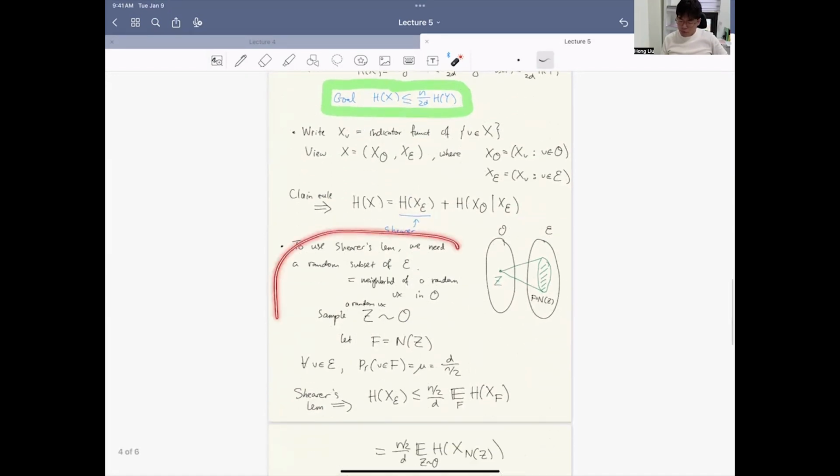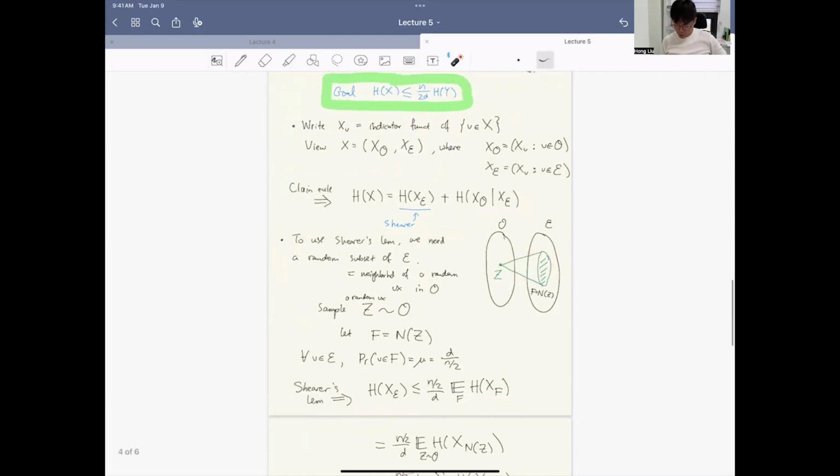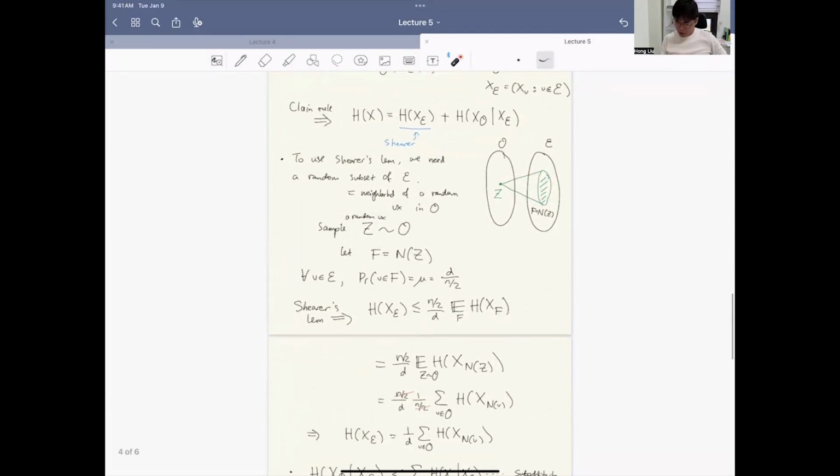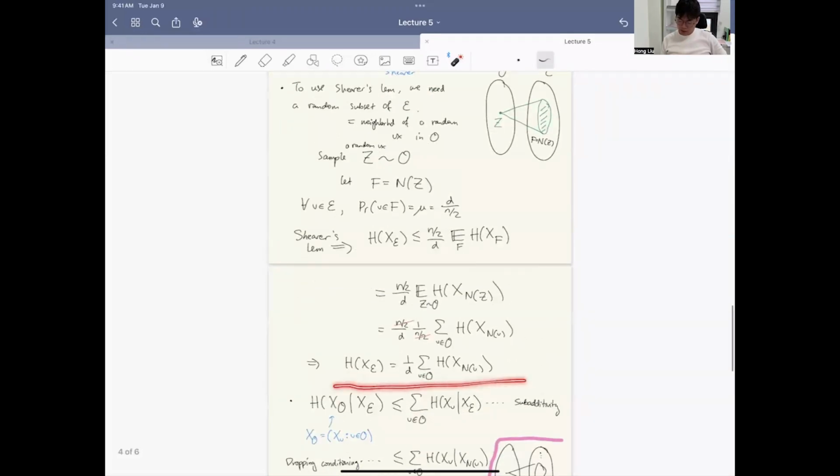Using Shearer's lemma, making use of random projection, where the projection comes from the neighborhood of a random vertex Z, we can then bound the entropy of one side by this quantity, by the sum over neighborhoods of vertices scaled by 1/d.